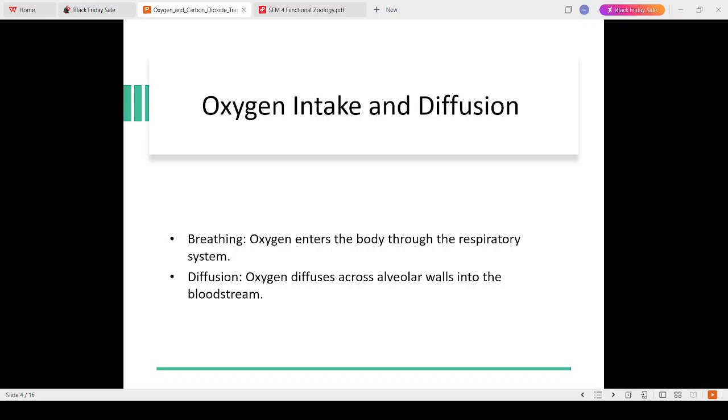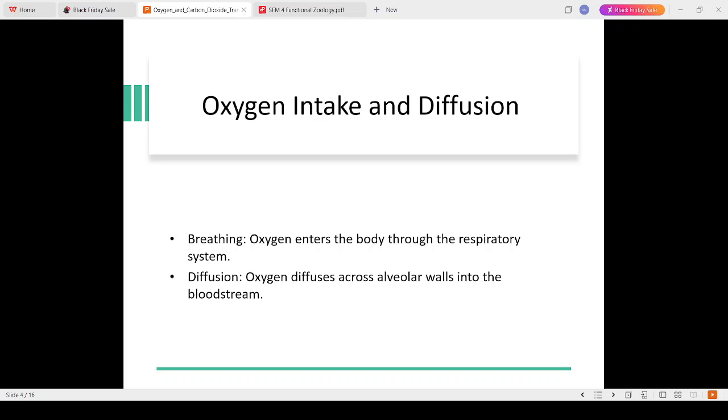So this structure is known by the name alveoli. Here you can see that balloon-like structure which is closely covered by a number of blood vessels or capillaries. That balloon-like structure is known by the name alveoli. Inside that alveoli, the air we are breathing in will finally reach, and the wall of the alveoli is very thin, so we call it permeable to oxygen.